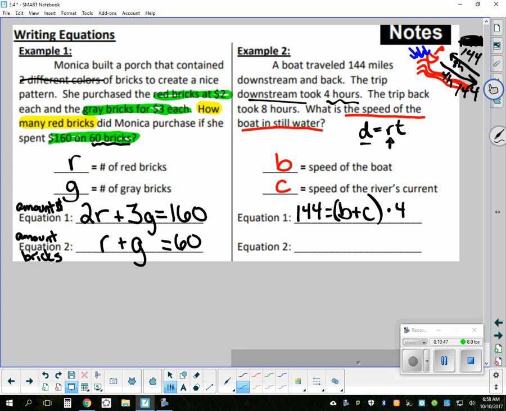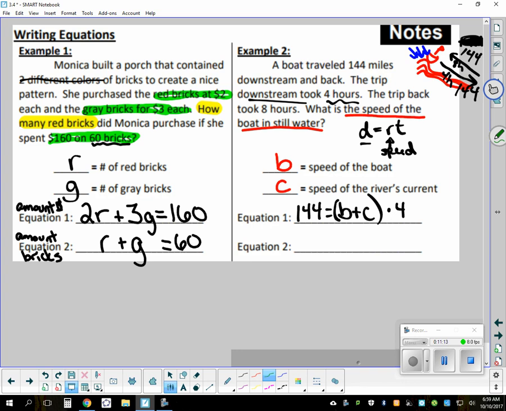And again, that's because the current is pushing you. It is helping you get downstream. Okay, so your distance was 144. Your rate is the speed. Rate and speed you could put together in this problem. So you could also think of that as your speed. Well, your total speed would be the speed of the boat plus the speed of the river's current times your time, which is 4.